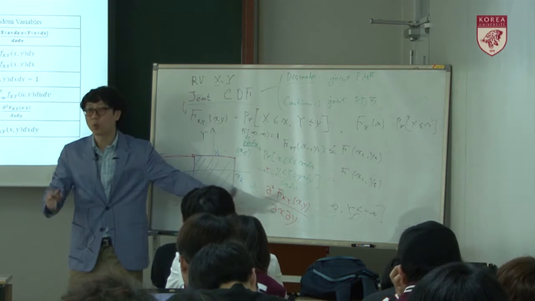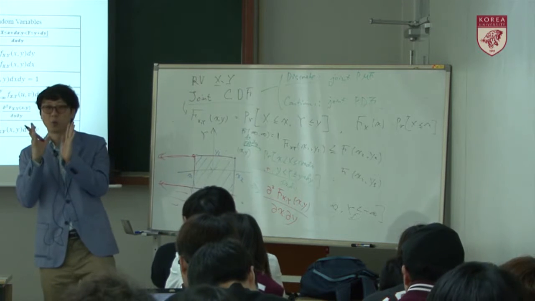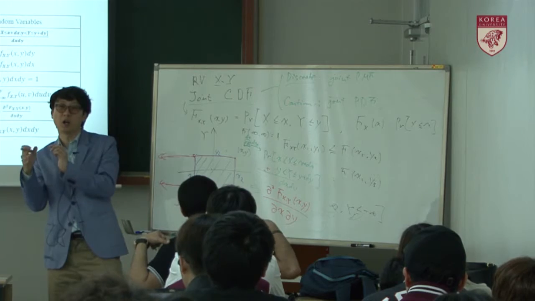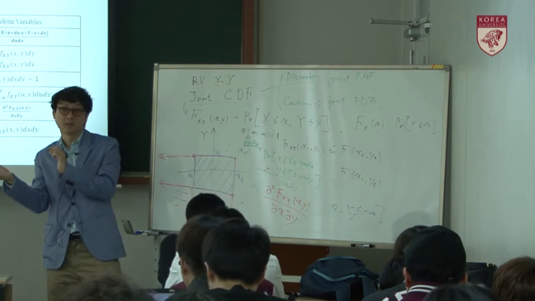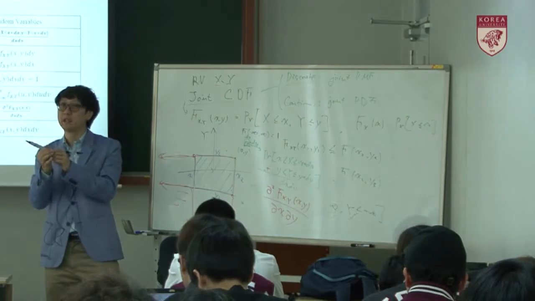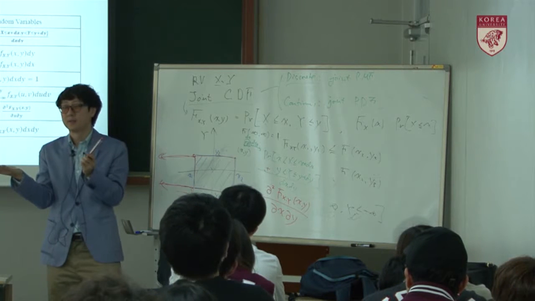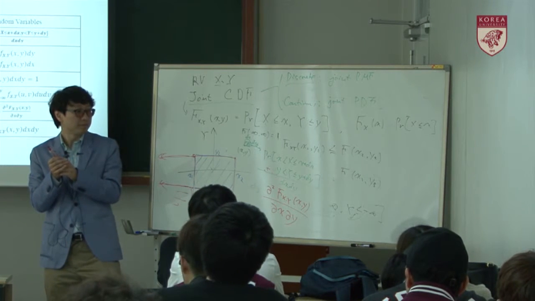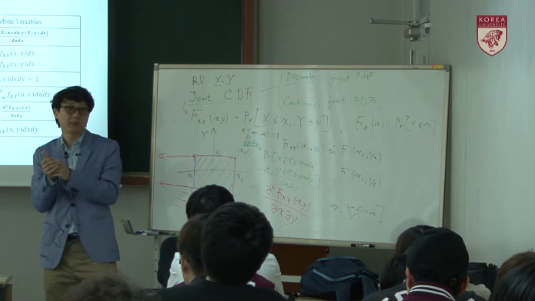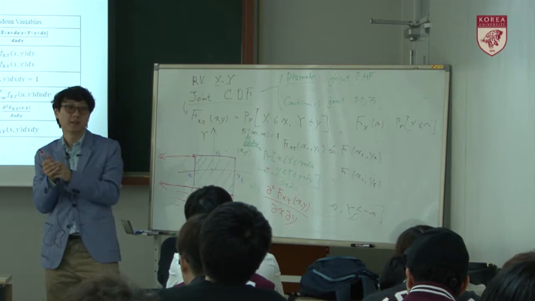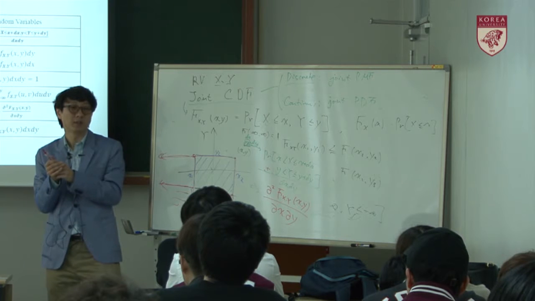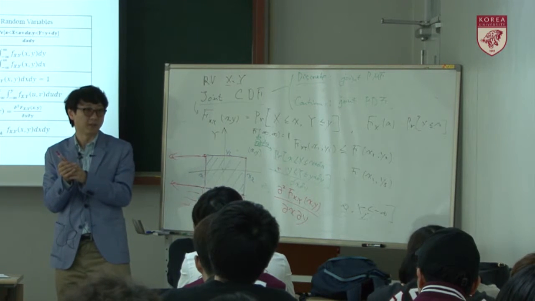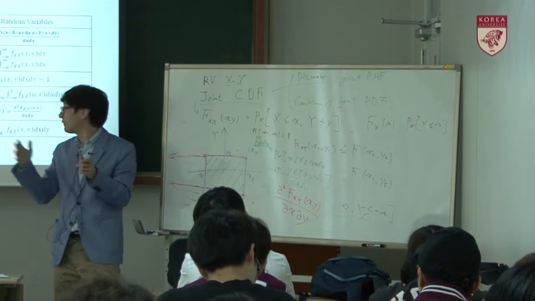It's the same as for one random variable: the PDF is the differentiation of the CDF with respect to that one variable. In the joint PDF case, the joint probability density function is the derivative of the joint CDF with respect to both variables. So everything is actually the same.